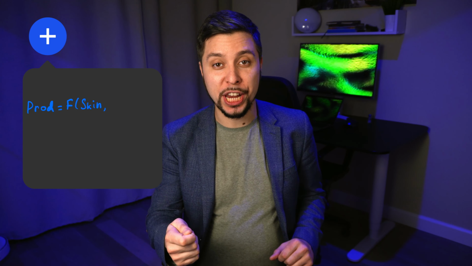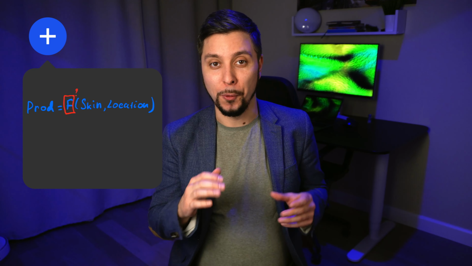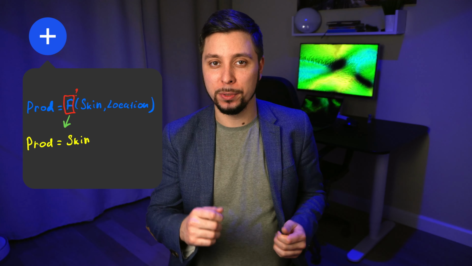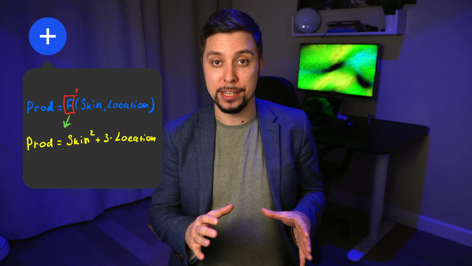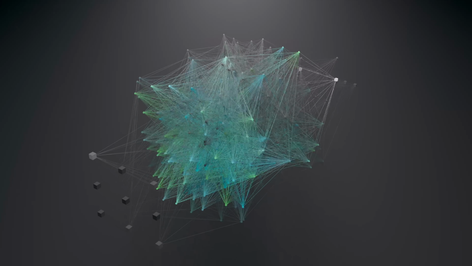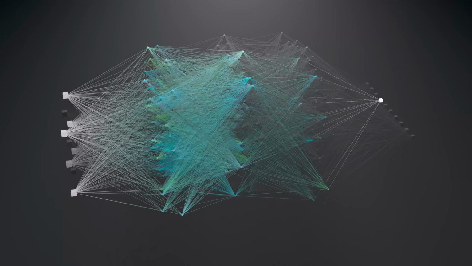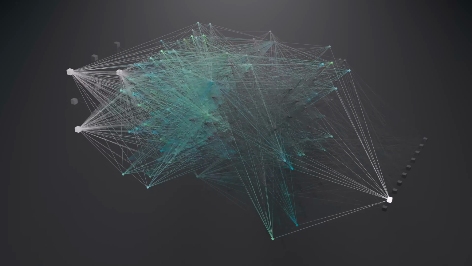What is the contribution of skin factor or location for the production? We can't extract an answer from the given approximation, hence the neural network is viewed as a black box solution, and there is no way to extract the function from it. A trained neural network is just a set of interconnected weights that adhere to a specific architecture.